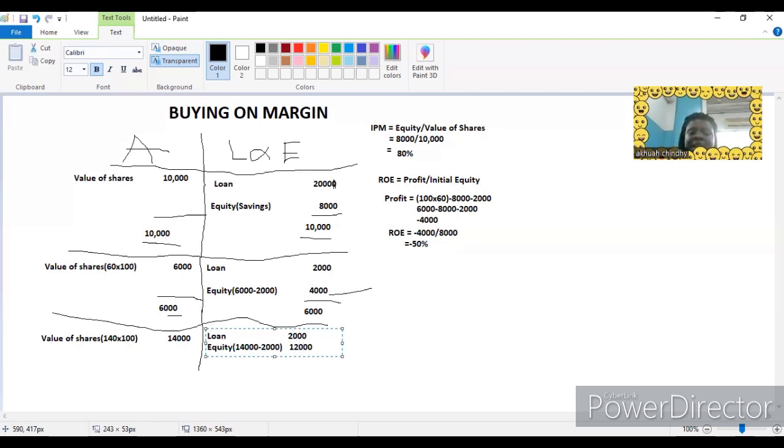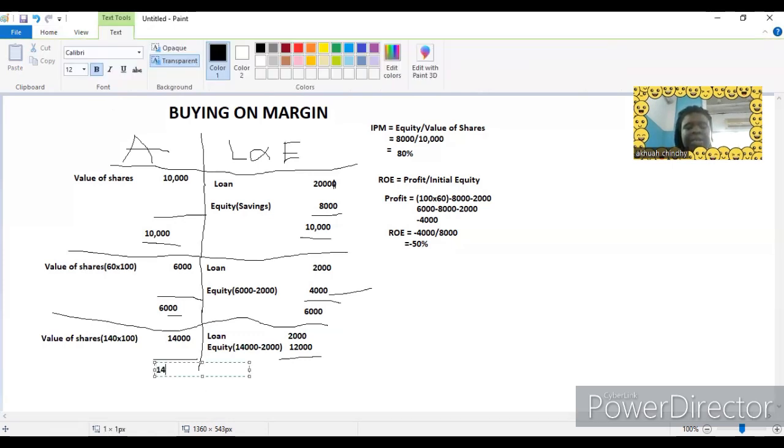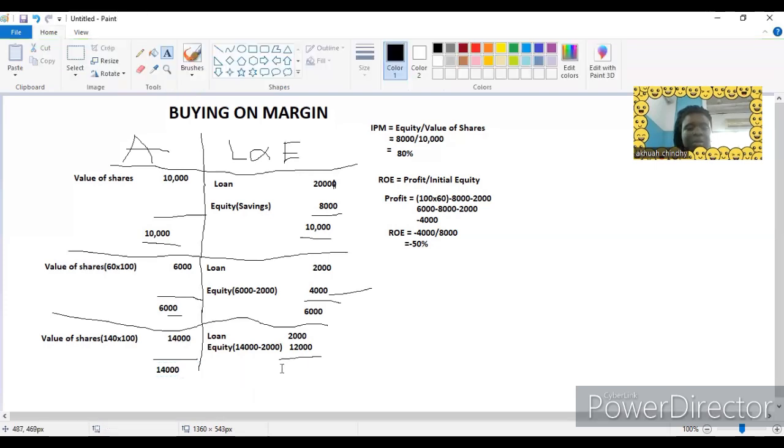The 12,000 becomes our equity. And this equity is as a result of price changes and not additional owner contribution. Okay, so yes, we balance off.